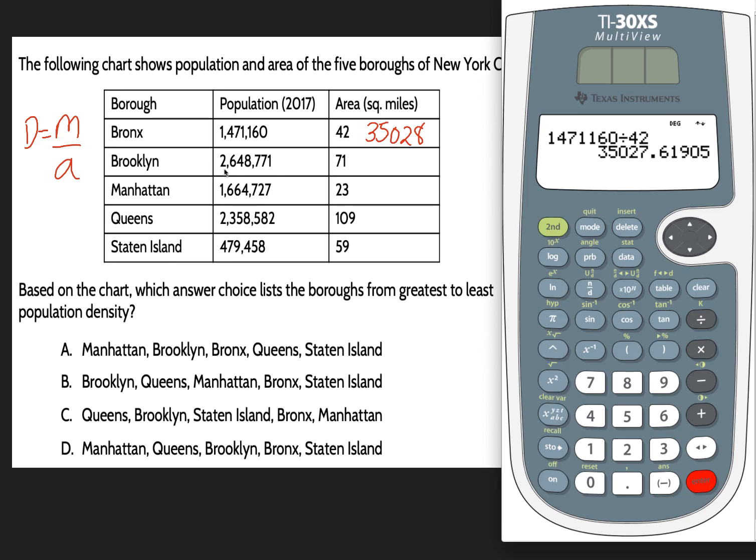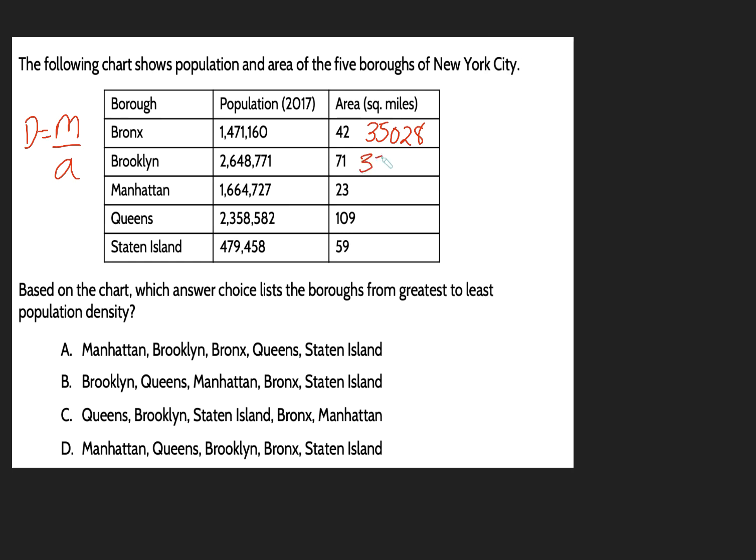Okay, let's try Brooklyn. So Brooklyn, we have 2,648,771. And I'm going to divide that by the square miles of 71. And I have a population density of 37,306.6. So that's 37,307.